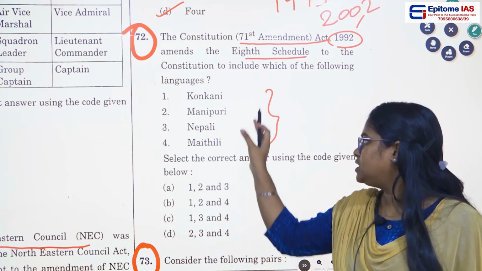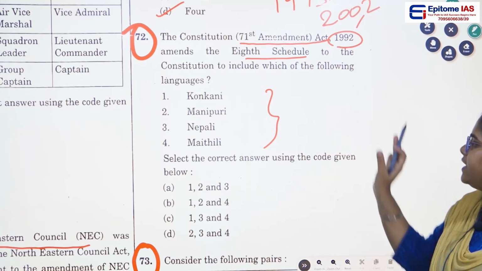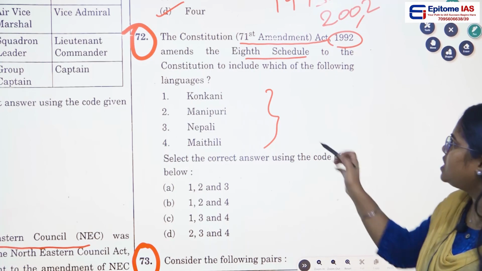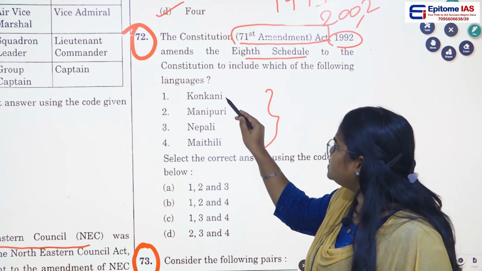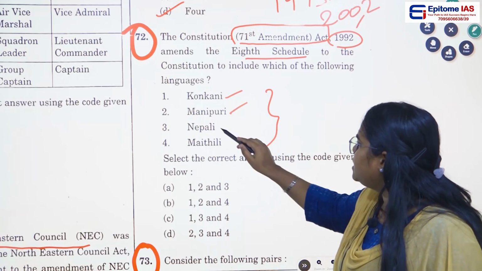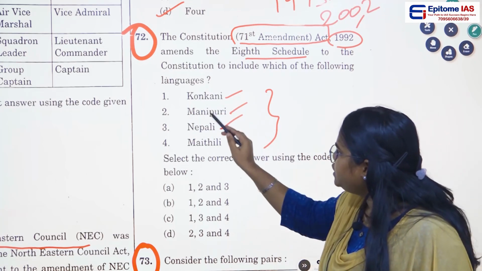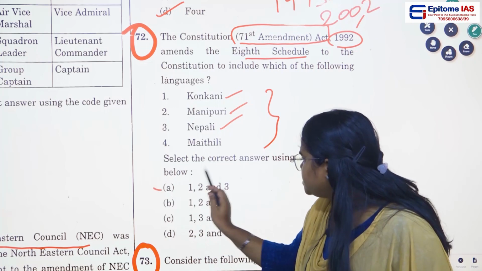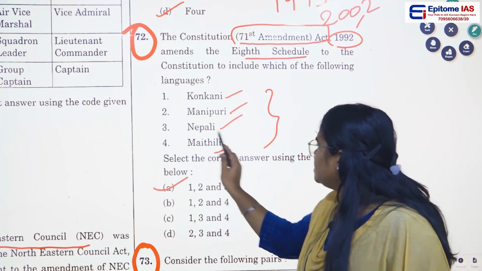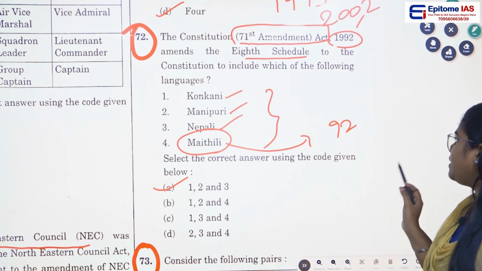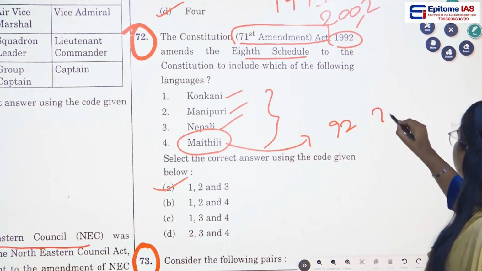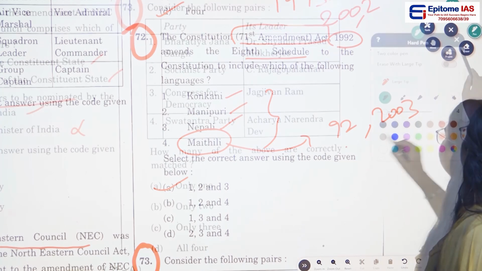So the answer would be Konkani, Manipuri, Nepali. So the answer would be 1, 2 and 3. So the answer is option A. And Maithili was added in the 92nd Constitutional Amendment Act of 2003.